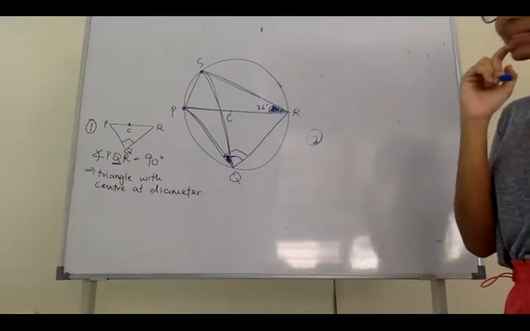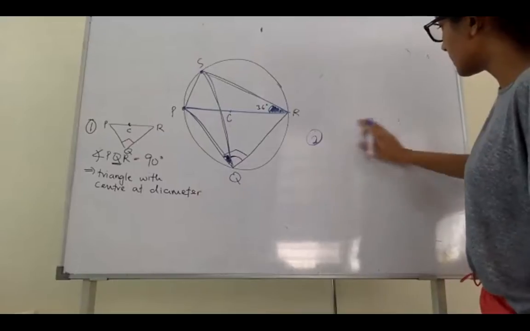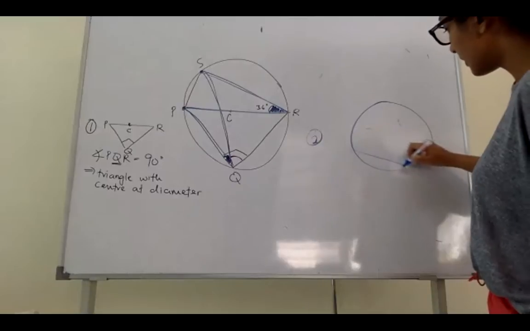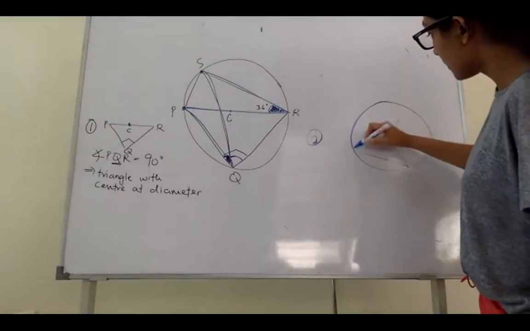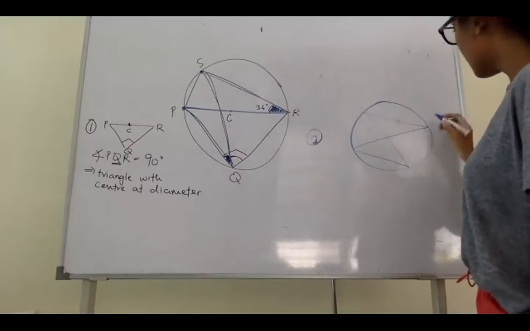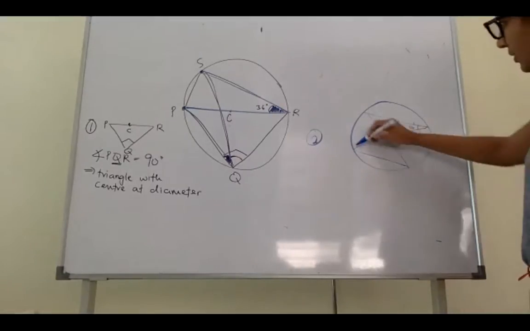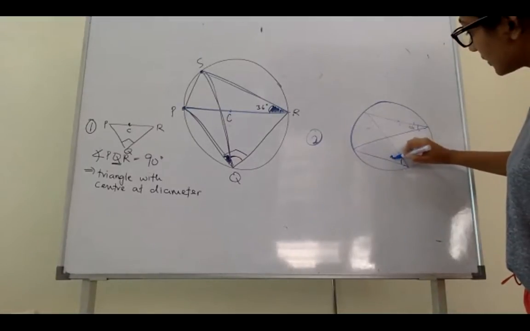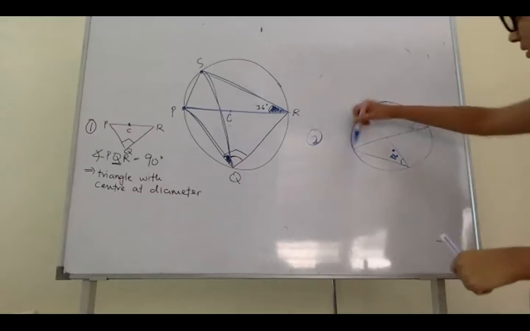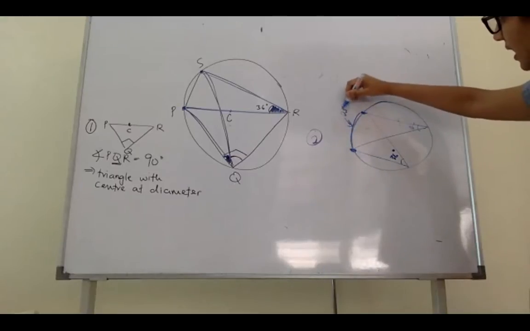It always helps. So what's happening here is I have a circle, and here is 36. According to the bow tie rule, here will also be 36, because they intersect at the same place and they share the same arc.